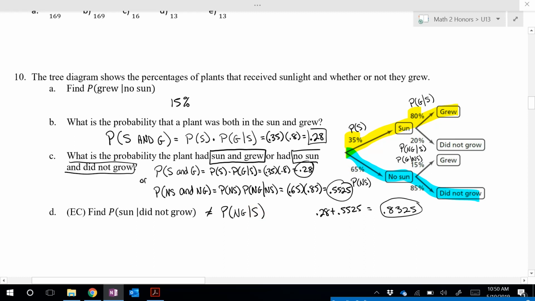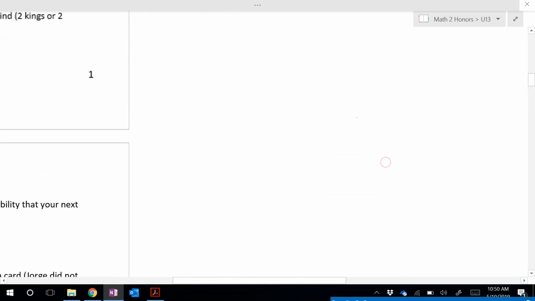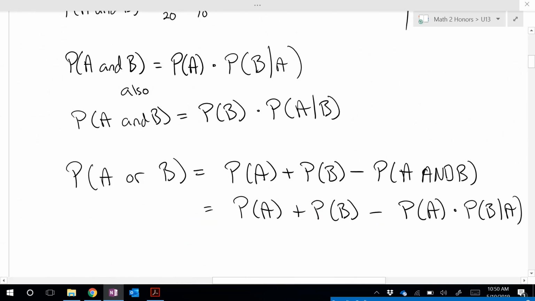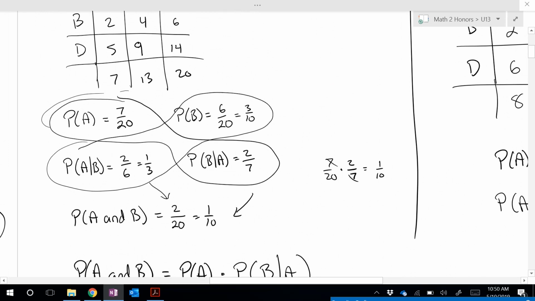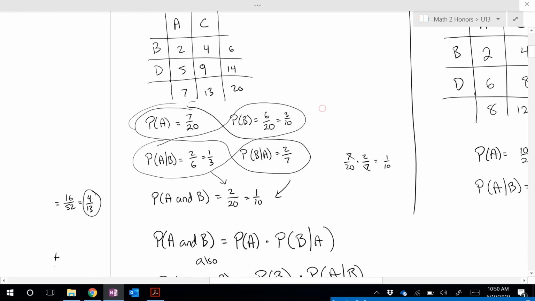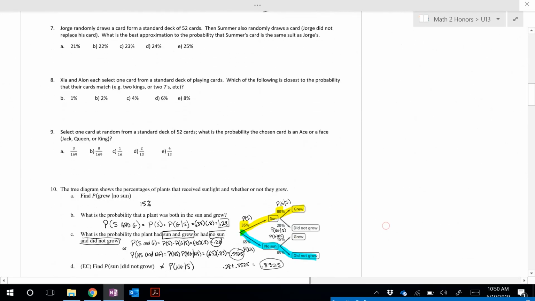No grow given sun is our 20%. If you swap them, it's different. Just look back here at our case in the beginning of the class, right? When we had probability of A given B, we got 1/3, but when we swapped them, we got something totally different, 2/7. And so I swapped it on that problem and said, hey, well, can you come up with it? And it's doable. You can definitely do it. You just need to organize the information somehow, okay?